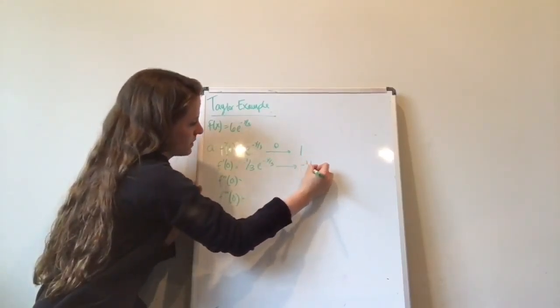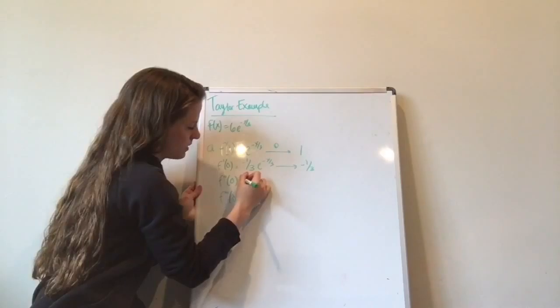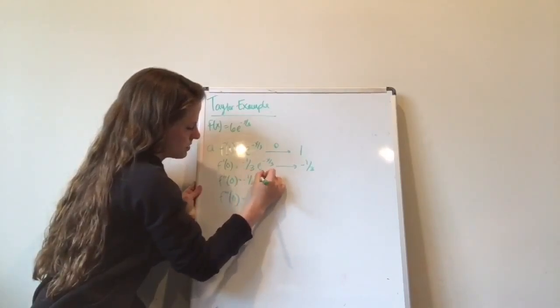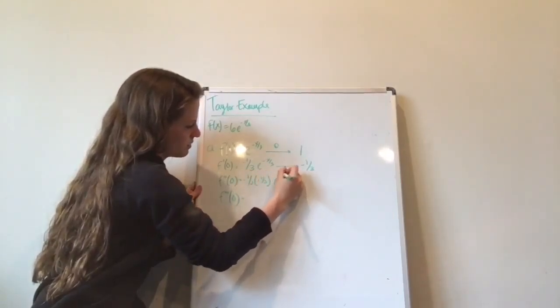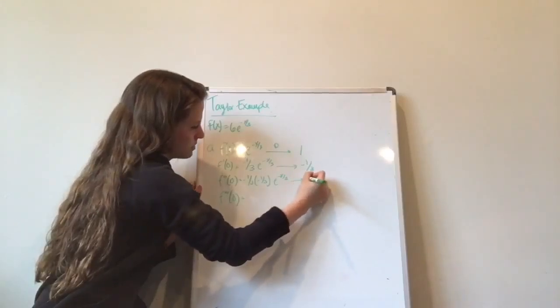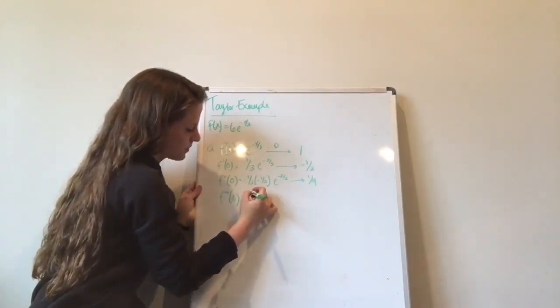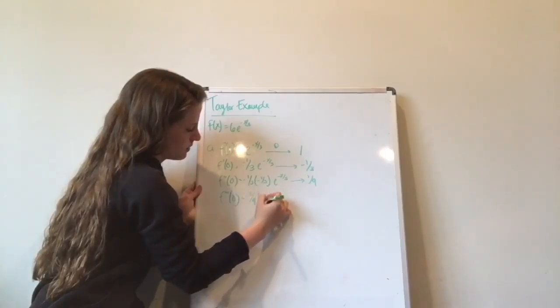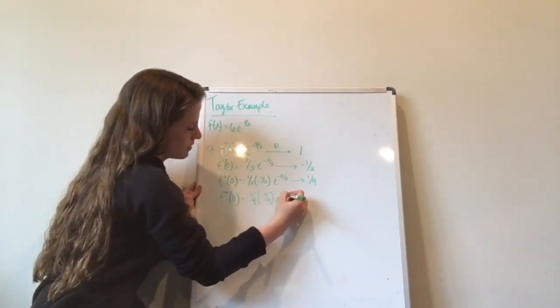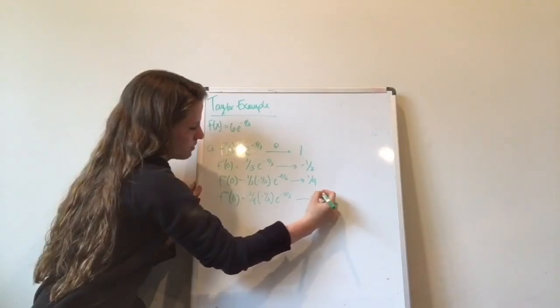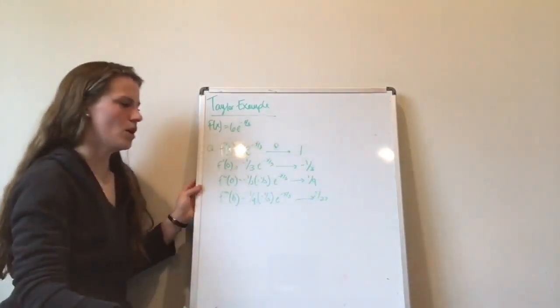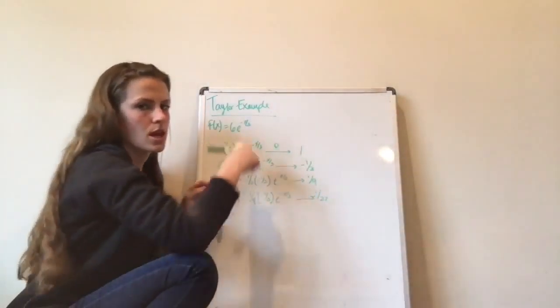So it's negative 1/3. Okay. And then you have negative 1/3 times negative 1/3 times e to the negative x over 3. It's just 1/9. And then we have 1/9 times negative 1/3 times e to the negative x over 3, which is negative 1/27. Okay, fine. So those are your initial coefficients.